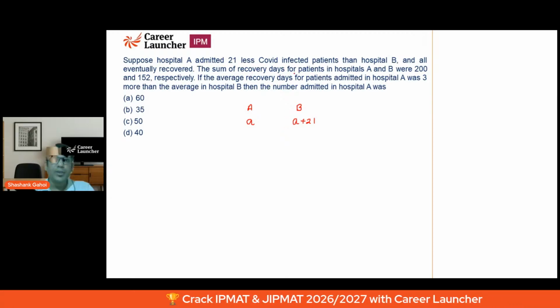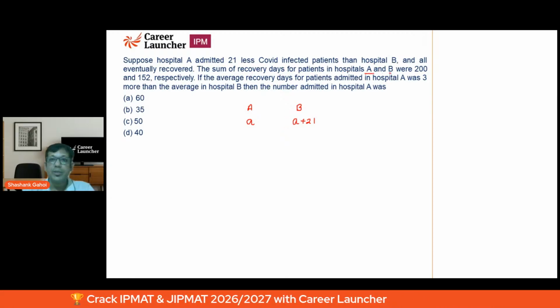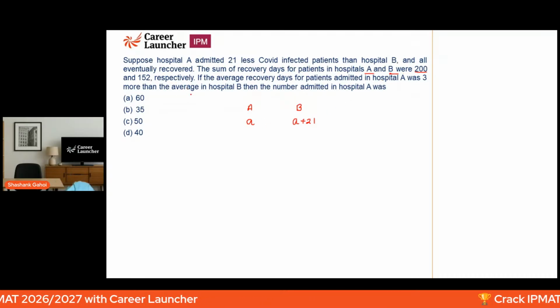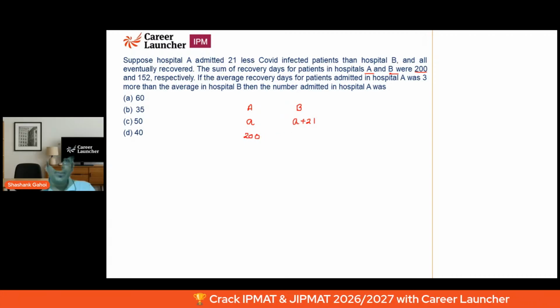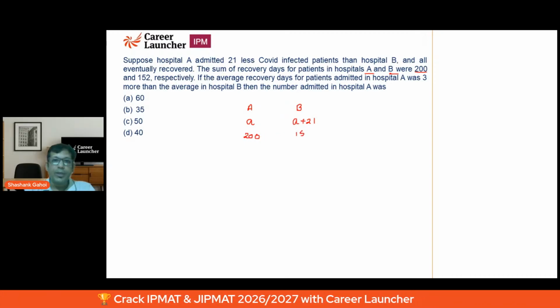The sum of recovery days for the patients in hospital A and B are 200 and 152 respectively. So A people are going to take a total of 200 days, and A plus 21 people are going to take 152 days total.